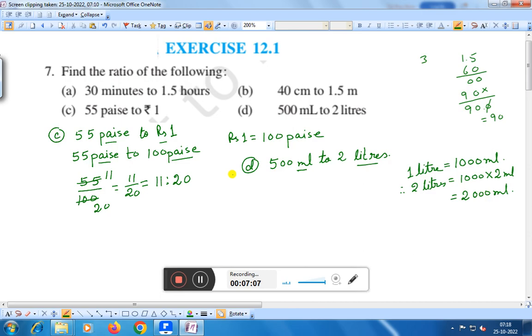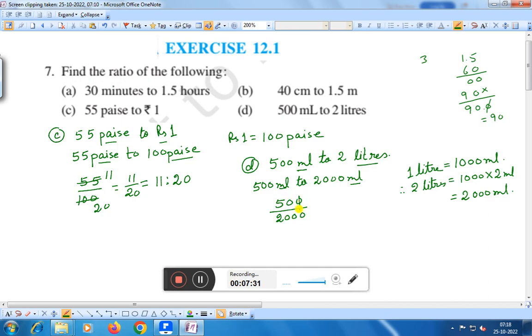Right? Therefore, we are getting 500 milliliter to 2000 milliliter. Here you see both the units are same now. Right? Therefore, it is 500 by 2000.